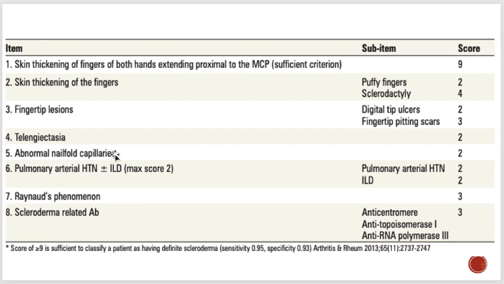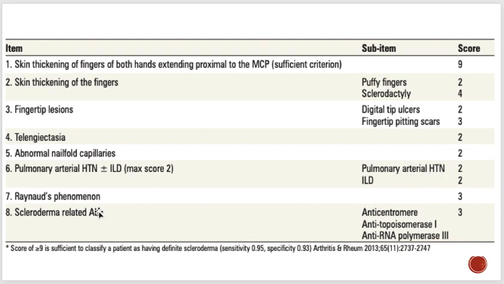And when they find dilatation of the capillaries under the nail bed, that is basically abnormal nail fold capillaries. Then pulmonary arterial hypertension with or without interstitial lung disease. The maximum we can give is 2 score, either ILD 2 or pulmonary arterial hypertension 2.